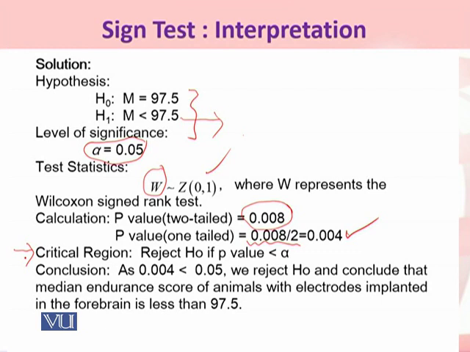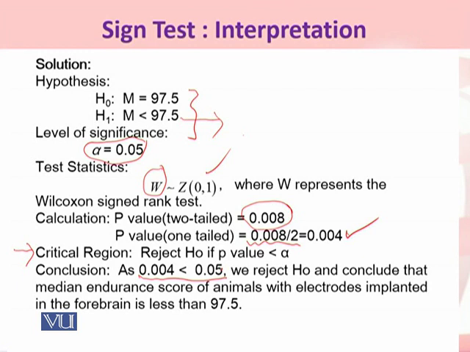We reject H0 if our calculated p-value is less than 0.05; otherwise, we accept our null hypothesis. As our calculated p-value comes out to be 0.004, it is less than 0.05.